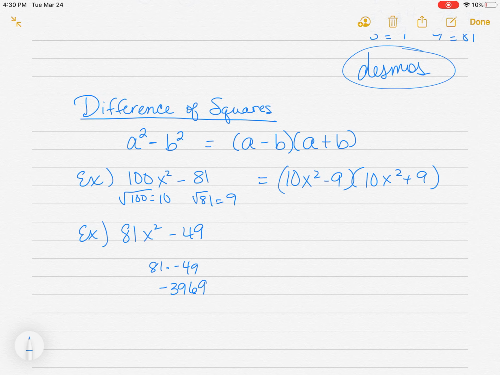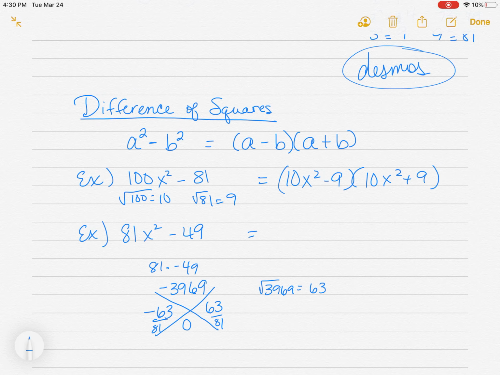That is a huge number. I do not know the square root of that number. Yes, I can use my calculator, and I want to add to 0. So the square root of 3969 is 63. So it's going to be negative 63 and 63, and then I got to divide by 81 and simplify.